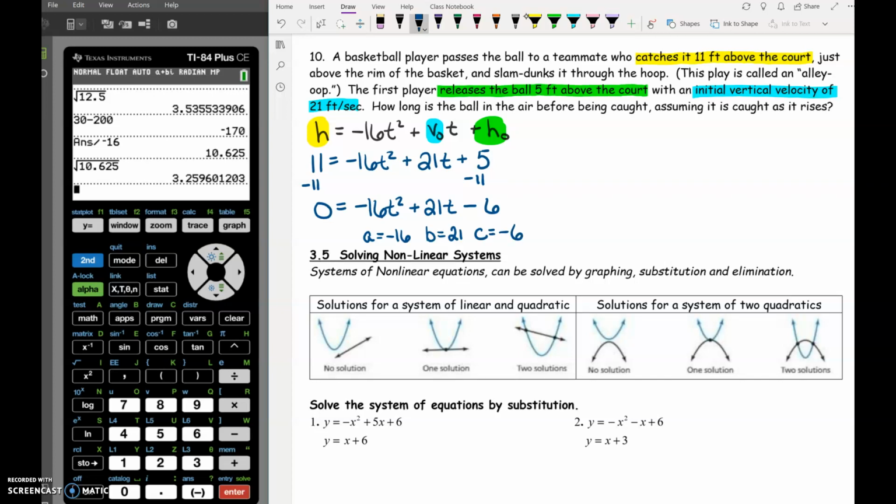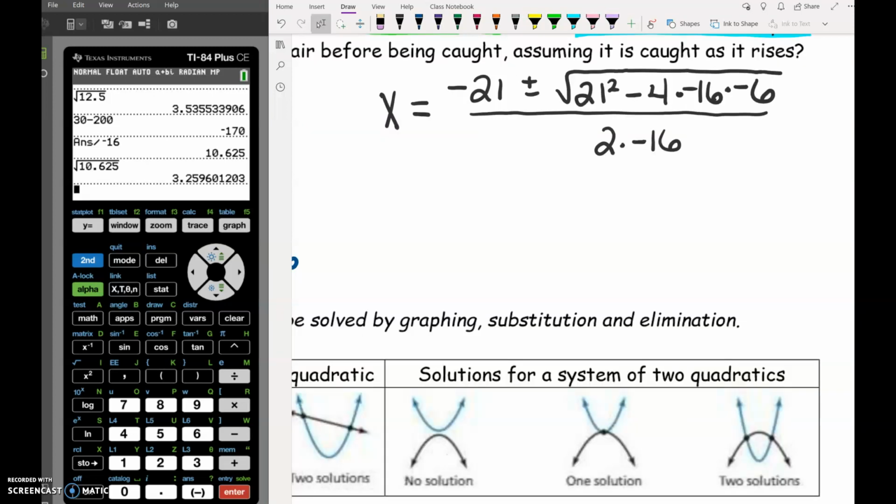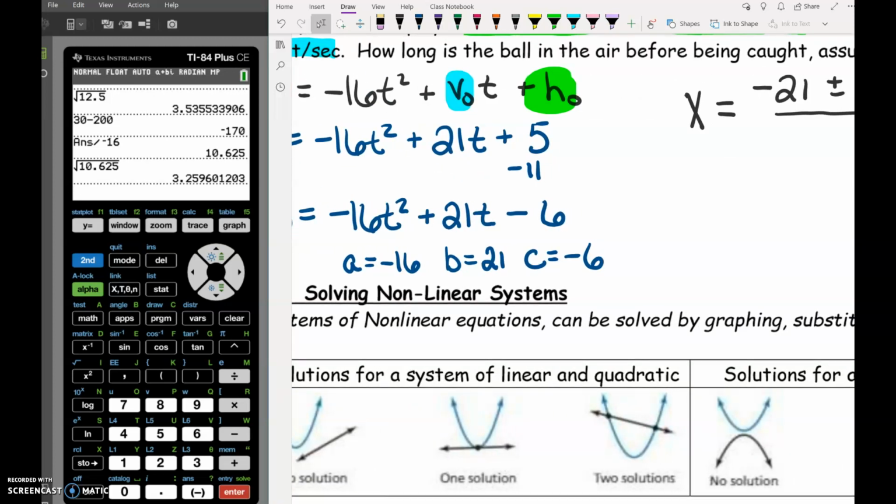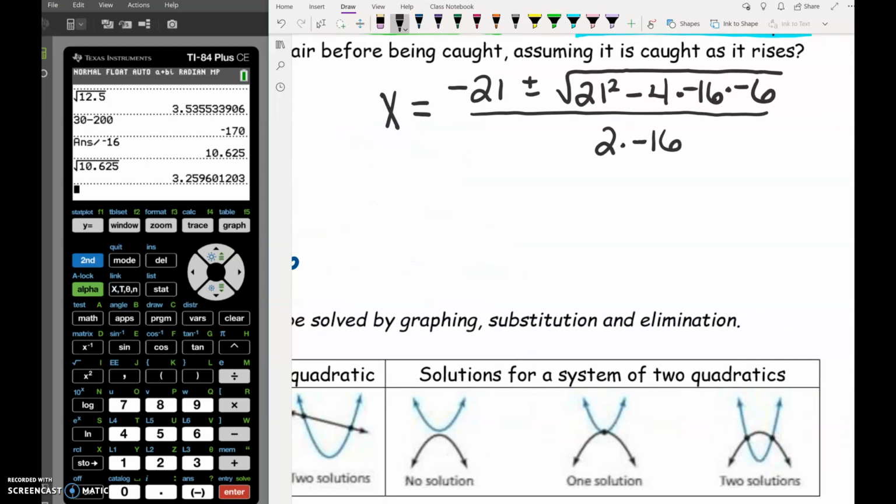So A is negative 16, B is 21, and C is negative 6. I want you to pause the video, take a moment, and put those into the quadratic formula. I did write it over there on the board. You might have to flip back in your notes to see it. One of my amazing students asked, why don't we move everything to the other side so that our A term is positive? If we have to simplify this and get it into something plus or minus 2i square root of whatever, having a negative on the bottom can be very, very problematic.